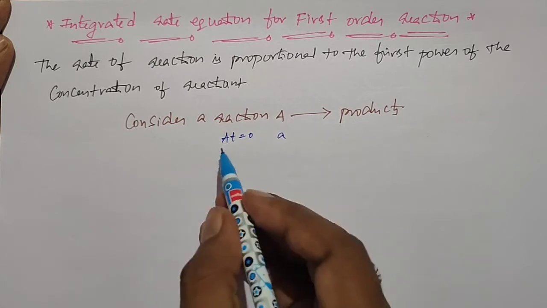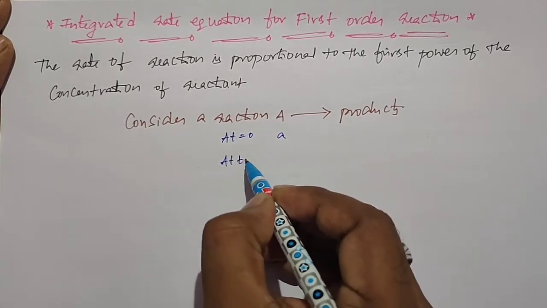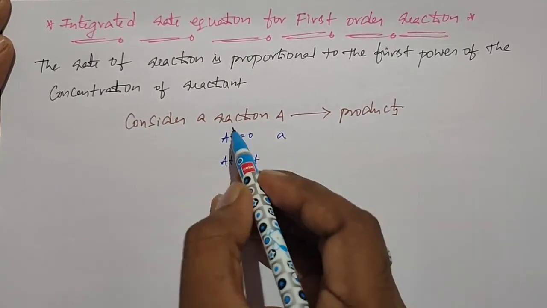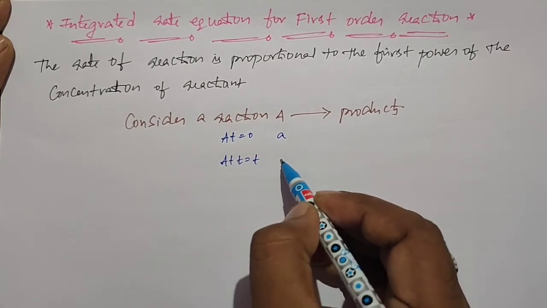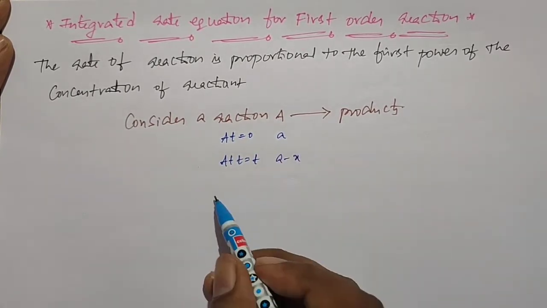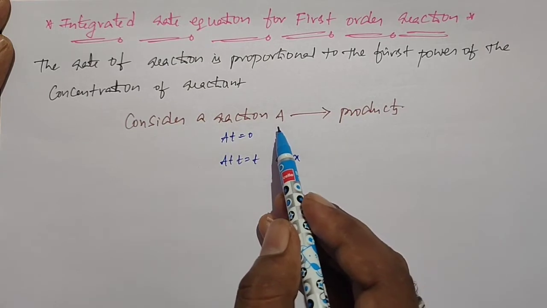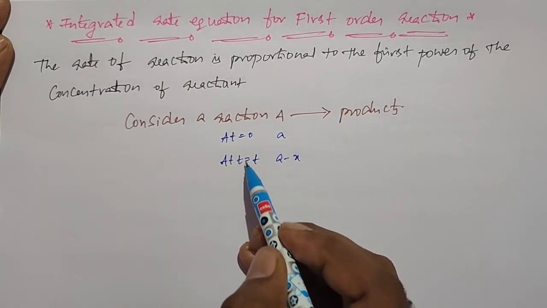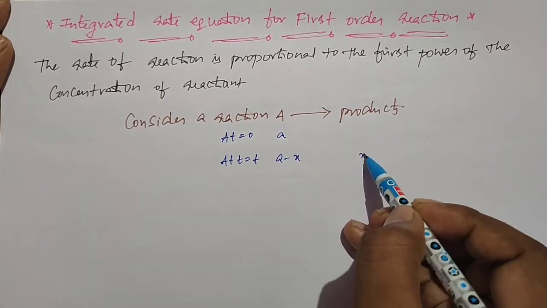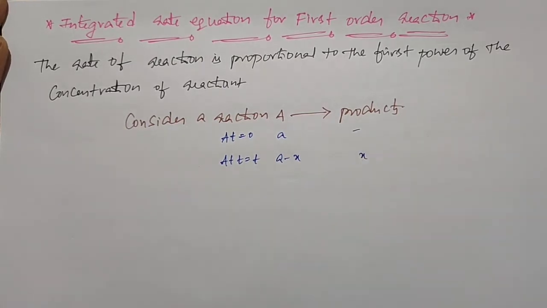At time t, the concentration of A is taken as a minus x. So here the change in concentration of reactant A in the time interval is x moles. Those x moles are converted into the products.